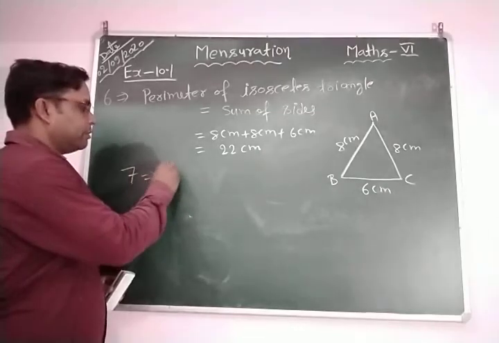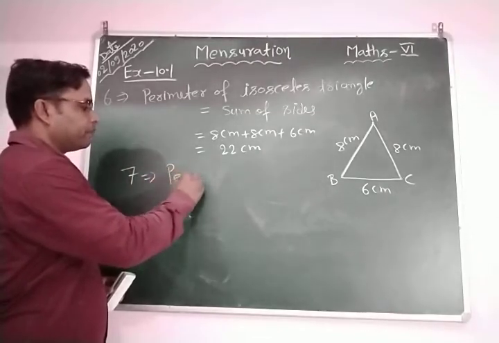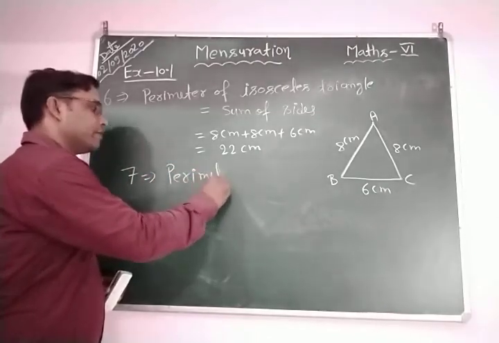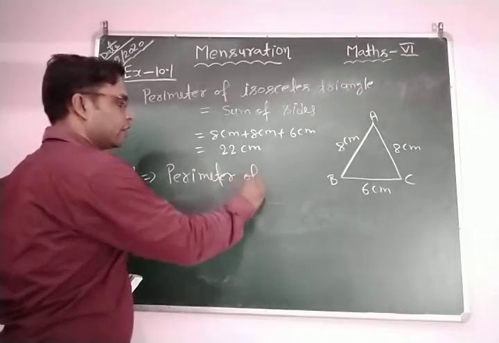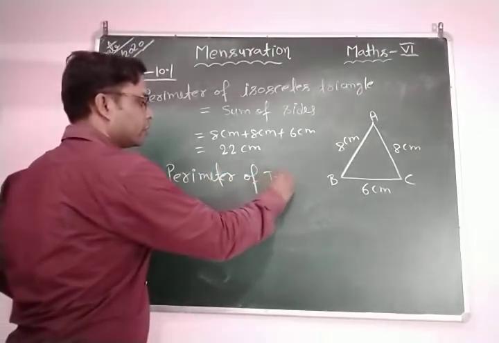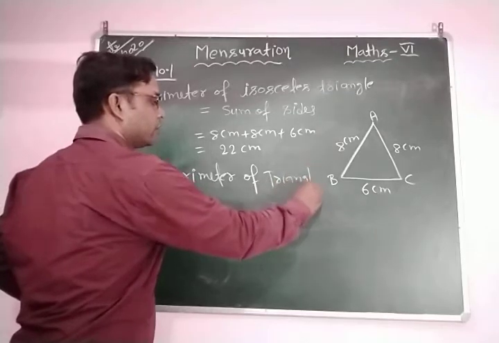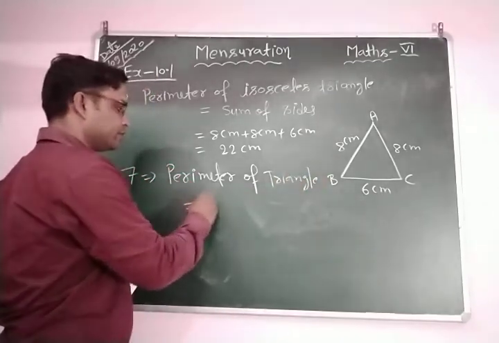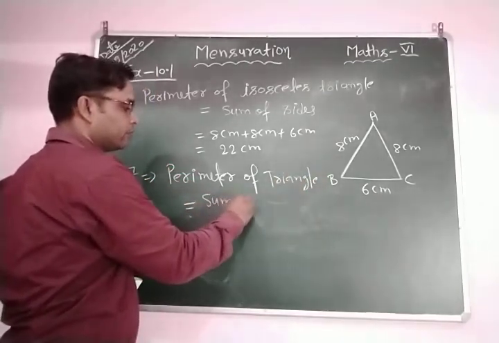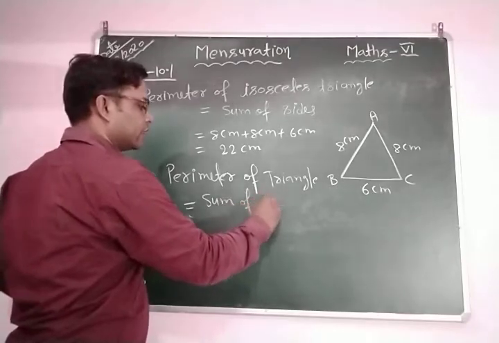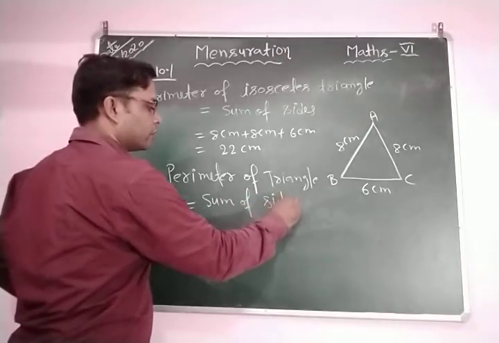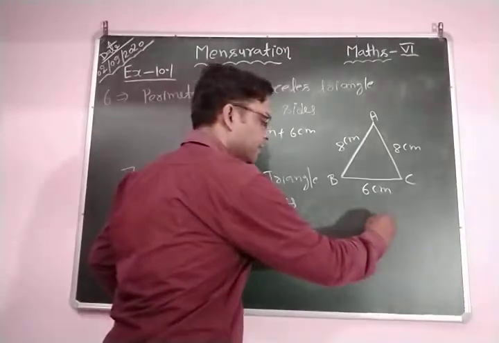So for question number 7, we write the perimeter of triangle is equal to the sum of sides. The triangle is like this.